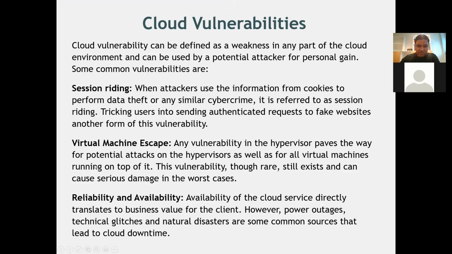Reliability and availability can be a cause, like a power outage can happen. If you go through the demos of other companies like Google or Azure, you will see how much backup plan they have for power outage, technical glitch or natural disaster to keep the cloud running.